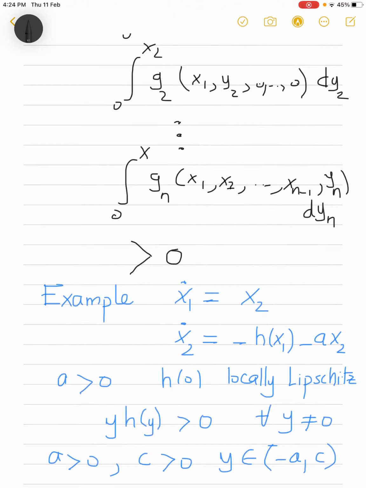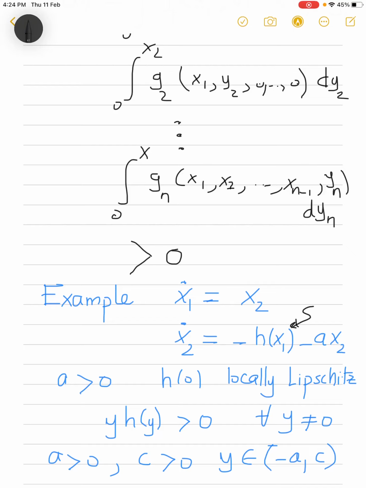So, the example is a generalization of the pendulum equations. We can see here that we put in general a nonlinear function h of x1 instead of the sine function that appeared in the pendulum equation, but otherwise the modeling equations look similar.